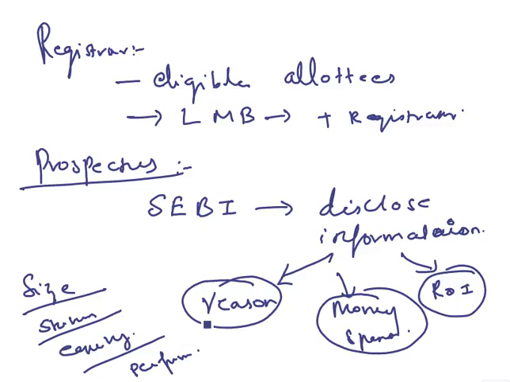Mostly it contains a lot of mandatory information regarding underwriting and statutory compliances. These are some of the information which SEBI mandates the company issuing these securities to disclose to the market, so that investors can take an educated risk before investing in those companies.